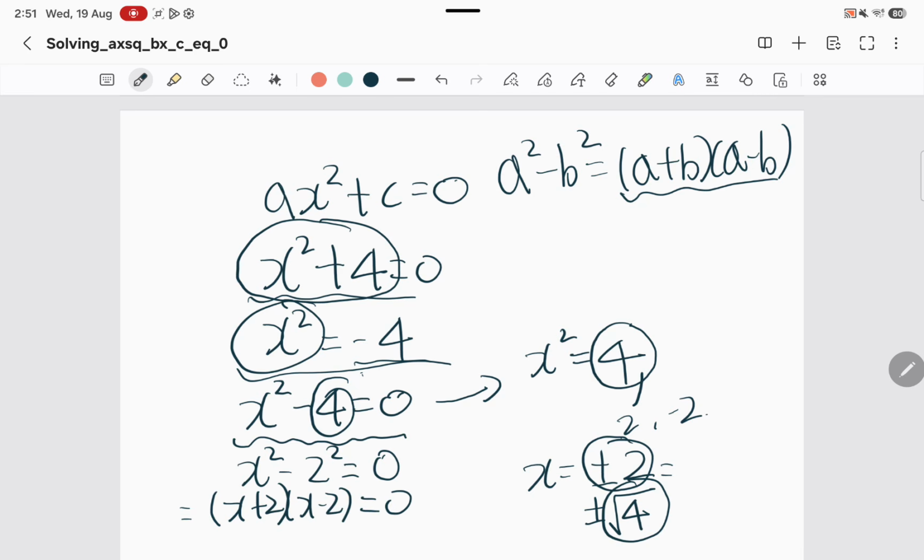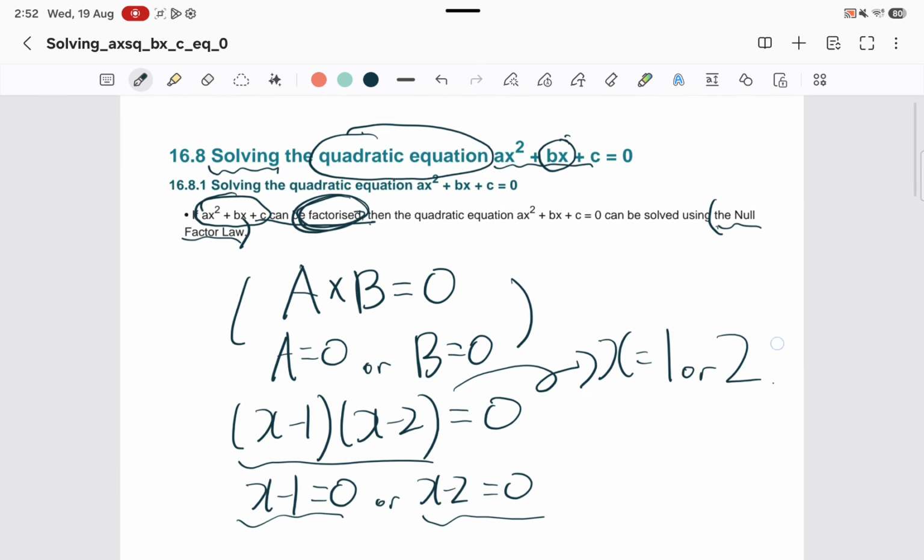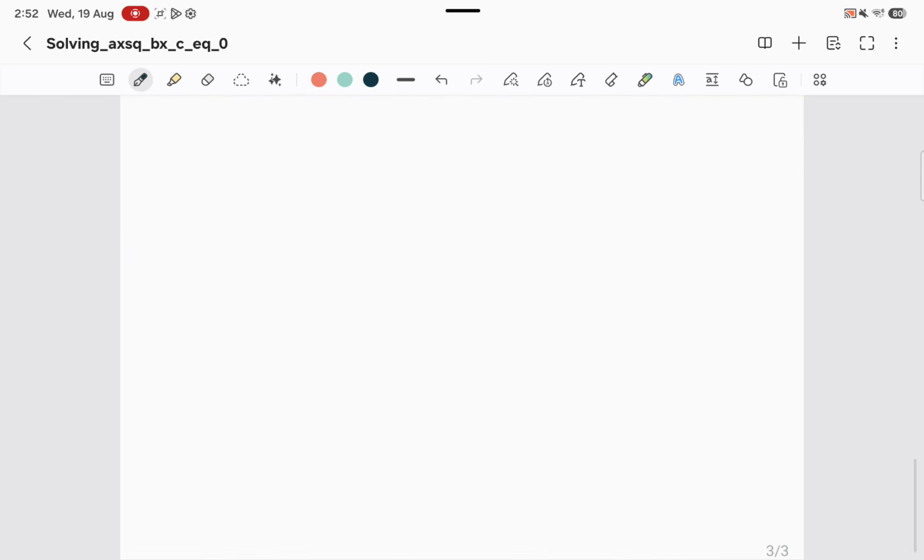If you use the null factor law, the answer is the same, plus or minus 2, so x equals 2 or minus 2. They both mean the same thing. So this is another way to solve these kinds of equations, but it depends. You can use whatever method makes more sense. Anyway, I think that's it. Thanks for watching.